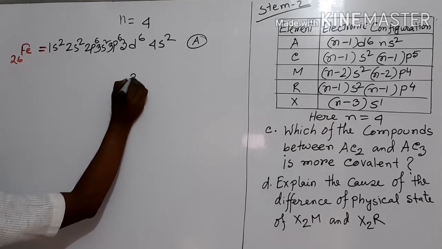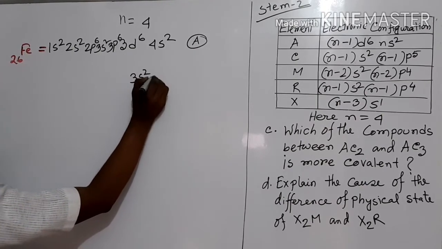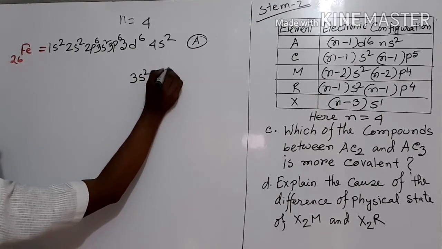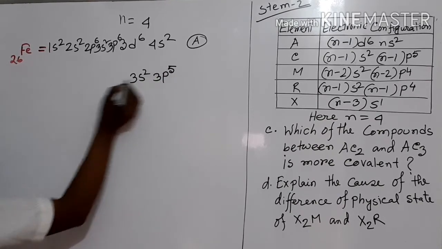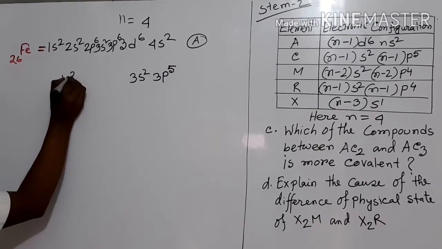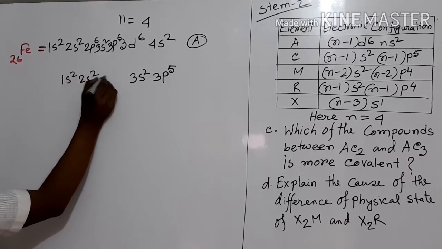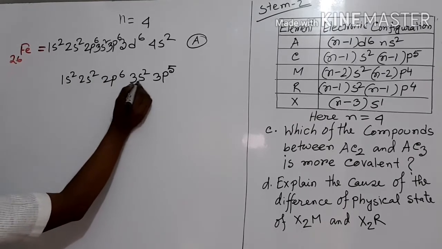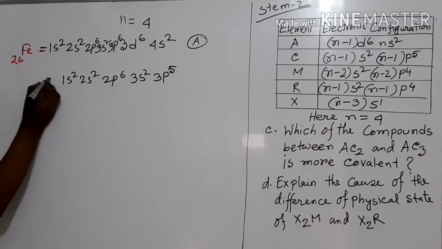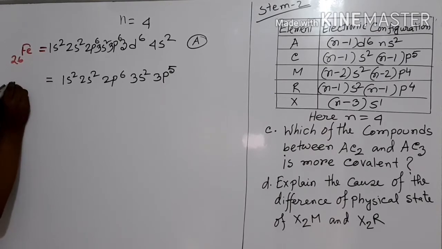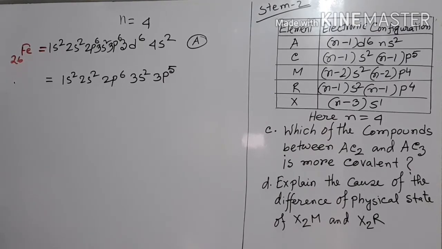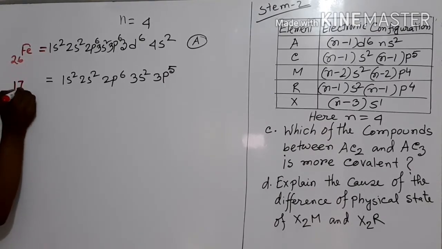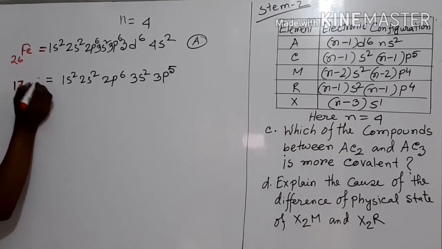Second one, (n-1)s2, (n-1)p5. That means 3s2, 3p5. So 1s2, 2s2, 2p6, 3s2, 3p5. Total electrons is 17. So C represents chlorine.